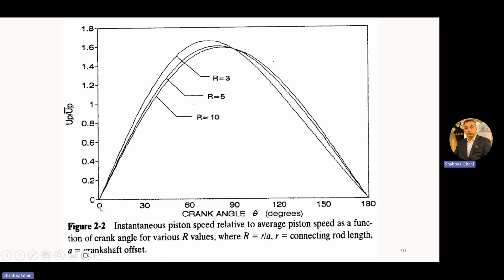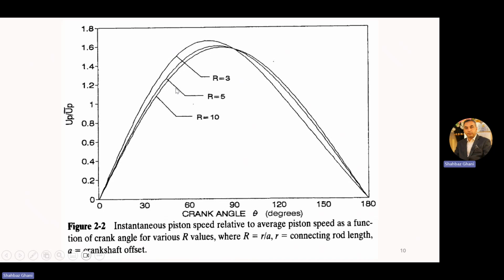On the x-axis we have the crank angle theta from 0 to 180 degrees. On the y-axis we have the ratio of the instantaneous piston speed to the average piston speed from 0 to 1.8. Now, when you have r equal to 3, you have this curve.